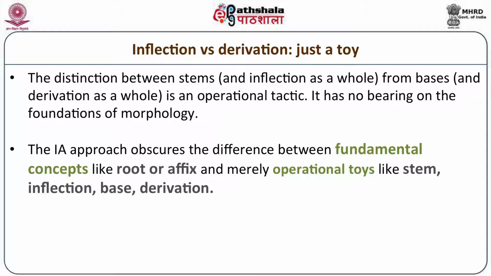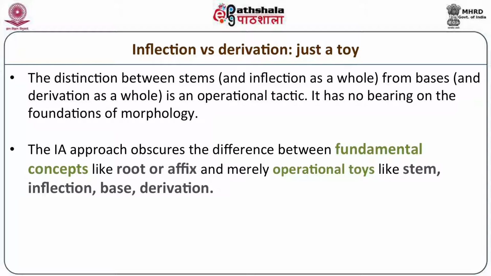What is fundamental to the item and arrangement approach is really root and affix. Unfortunately, because the morpheme theory denies the fundamentality of the contrast between root and affix, it treats everything as equally toy-like, or everything as equally fundamental.